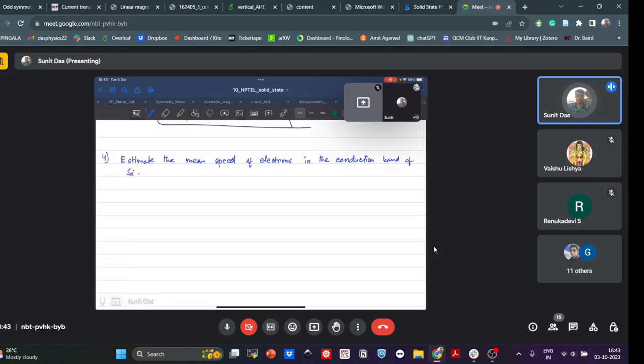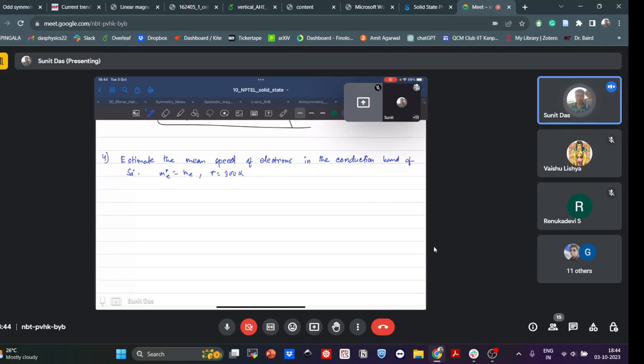So estimate the mean speed of electrons in the conduction band. When it's a mean speed, it is essentially the intrinsic situation, meaning we have not applied any external electric field or any other type of perturbation. The given information is the effective mass, which we take to be the electronic mass, and T is 300 Kelvin.